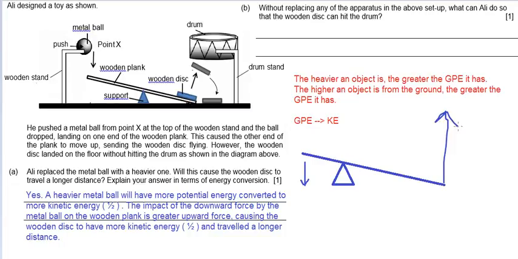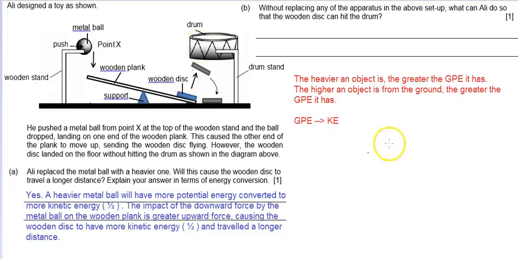Okay, so yeah, actually, without replacing any of the apparatus, Ali could just shift the support to the left. That would make the wooden disc travel much higher.